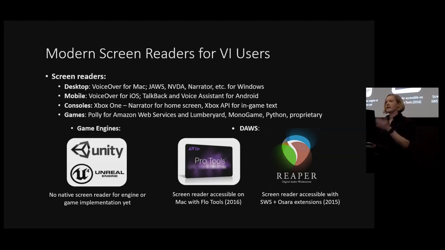Right after GDC, I left for a couple weeks, so I've literally had no time to delve more into it since then. But for me, I'm very excited that it is compatible with Lumberyard. You also have Monogame, which creates games that are screen reader compatible. One that came out is called A Hero's Call, which is a completely blind accessible game. And you also have games made for Python, and then also proprietary engine games that are screen reader accessible.